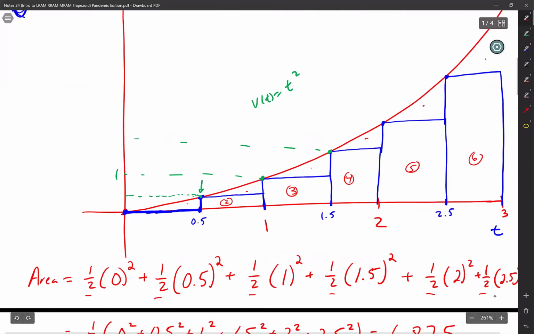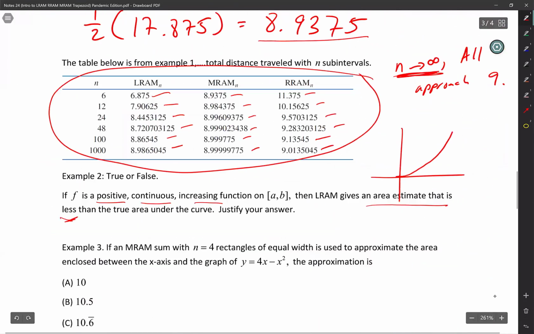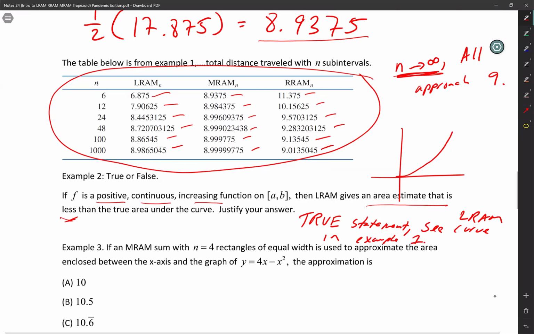Yeah, that's a true statement, guys. See the LRAM curve in example 1. Does it also work for the other continuous? Yeah, always. Yep, it works.